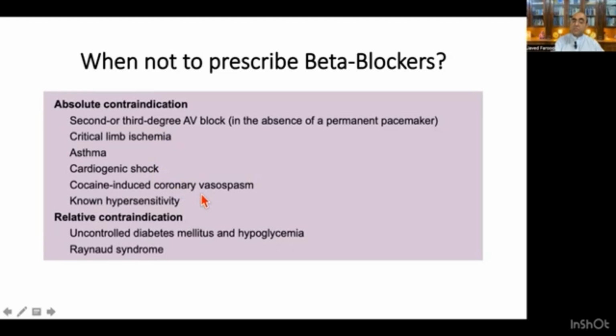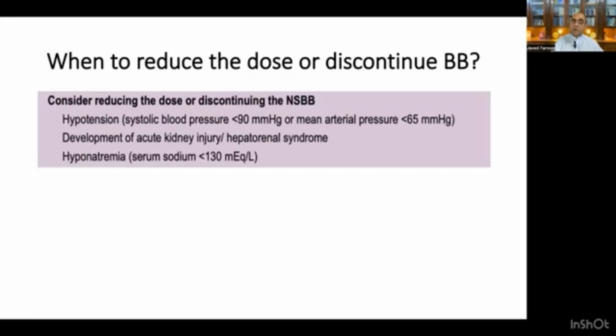And if there is coronary vasospasm, again the patient should not be given beta blockers. And if there is known hypersensitivity to the beta blocker group of drugs, then again this is an absolute contraindication. So when you want to start the patient on beta blockers, you should exclude these absolute and relative contraindications before starting.